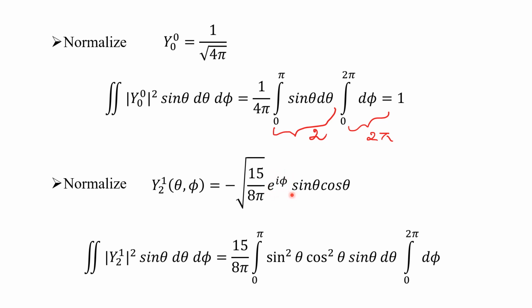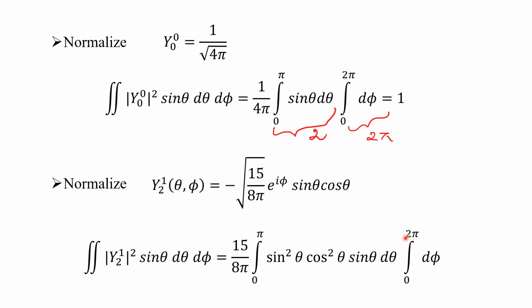So the only terms remaining are sine squared theta and cos squared theta. Already there is a sine squared theta here, from the sine theta d theta. Of course, I am separating this phi, so d phi I am integrating over 0 to 2 pi.